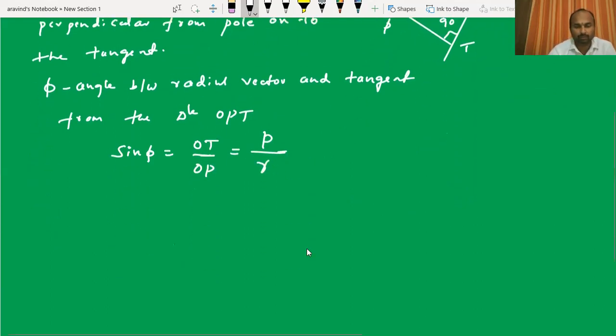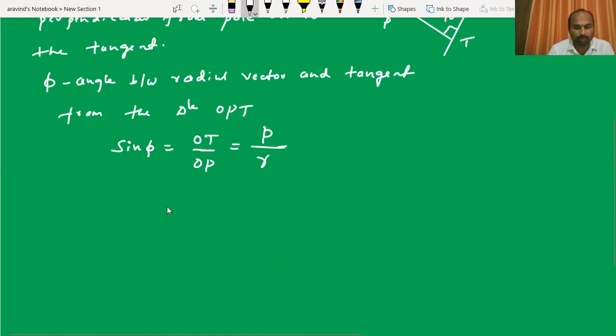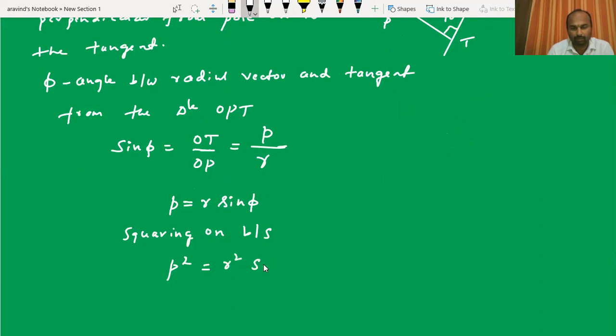So if we cross multiply, we get p equals r sine phi. Squaring on both sides, we get p square equals r square into sine square phi.